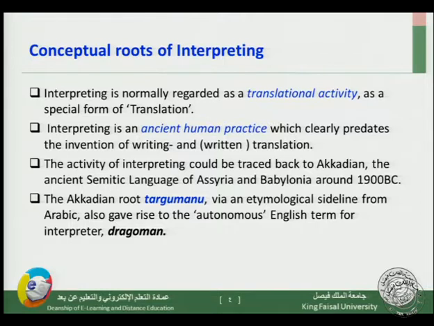So via an etymological sideline, etymology being the study of the origin of words or the roots of words, Turjuman probably came from Targumanu. Sideline from Arabic, as you can see.